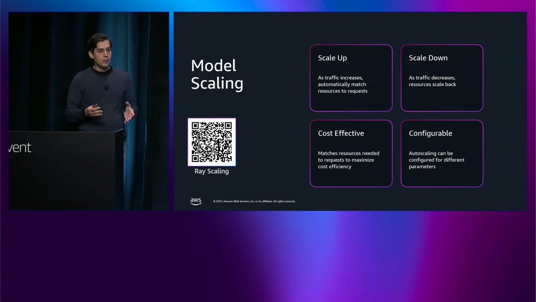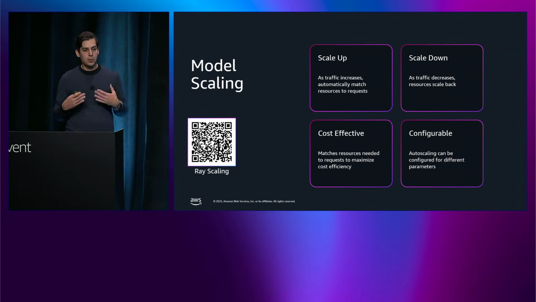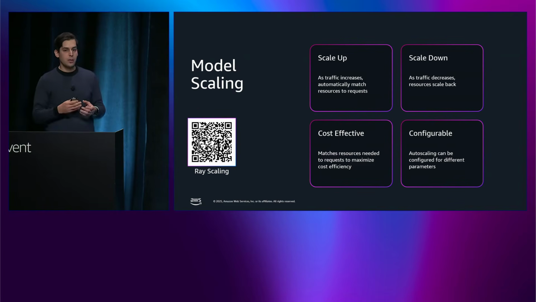On the other hand, we also want to make sure we can scale down. As traffic drops, maybe you're very regional as far as traffic patterns, and you find that overnight you're not getting as many requests. You want to make sure that you can scale down for that and aren't doing it just rules-based.